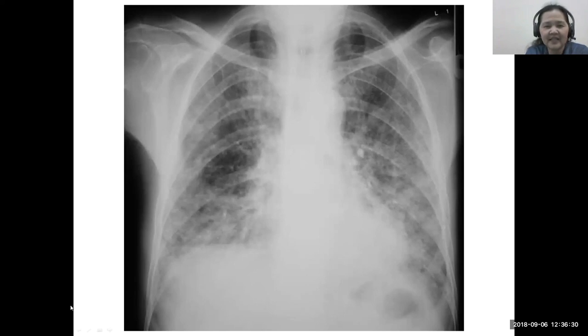All right. This is another on a more advanced stage. Usually sasabihin ng radiology, ito interstitial pattern, reticular diffuse interstitial pattern or reticular infiltrates.